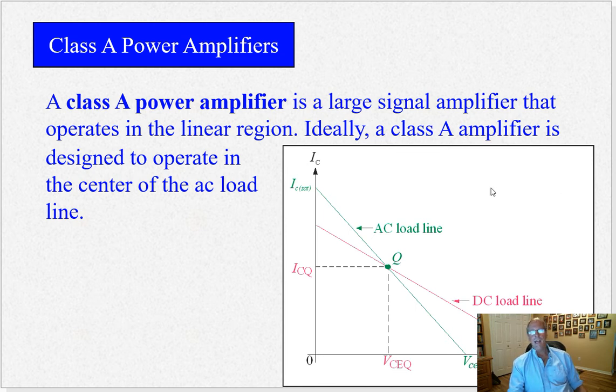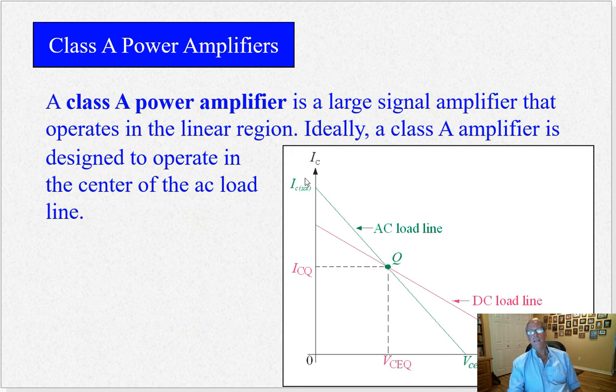A Class A amplifier is the least efficient, and part of the reason is that it's on all the time. Notice that there's a current going through the collector circuit, and there's a voltage across the collector emitter circuit, sitting right here. So what's the power being dissipated in this transistor right now at Q? Well, it's ICQ times VCEQ.